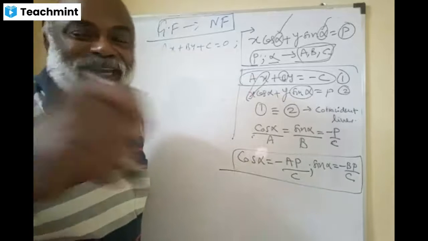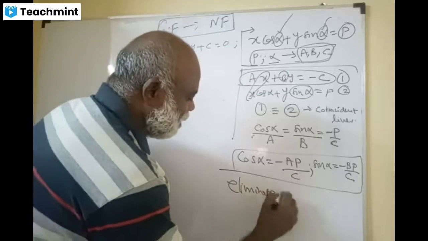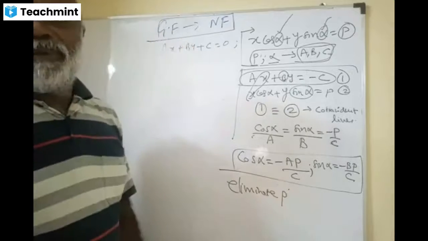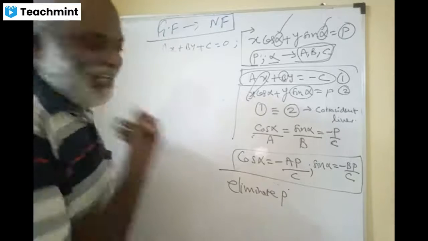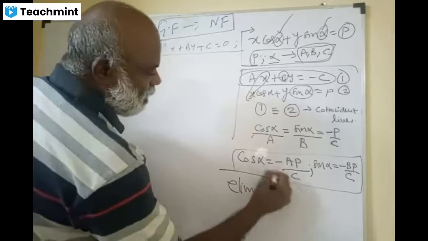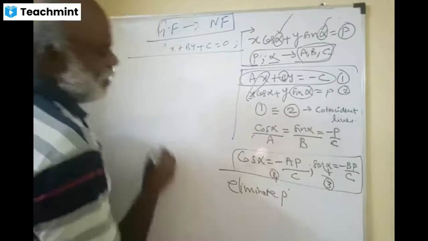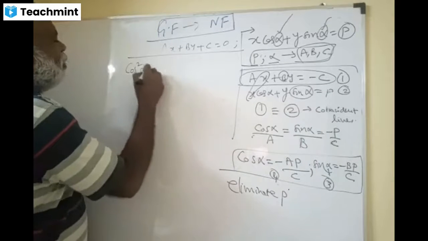So eliminate p, dears. How to eliminate p? Sin square alpha, square பண்ணுமா, இது 1 ன்னு வெச்சுக்கோங்க, இது 2 ன்னு வைங்க, 3 ன்னு வைங்க, 4 ன்னு வைங்க, ஒண்ணும் பிரச்சனை இல்ல. So what is cos square alpha?